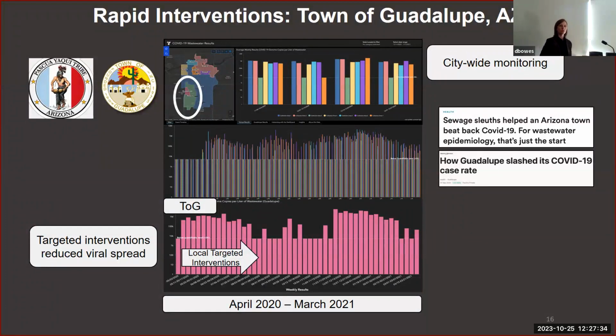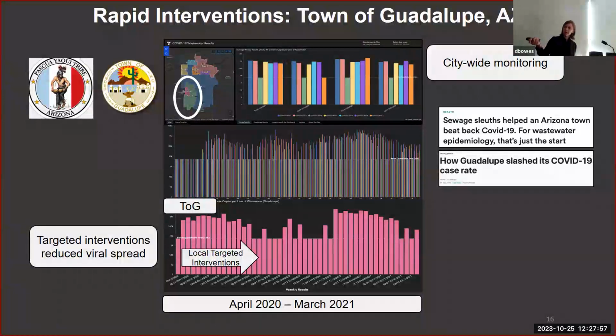And they were the ones who integrated, based on these data, targeted interventions, so mask mandates, educational strategies to raise awareness, and generally just making individualized testing more available in select areas throughout the town of Guadalupe.